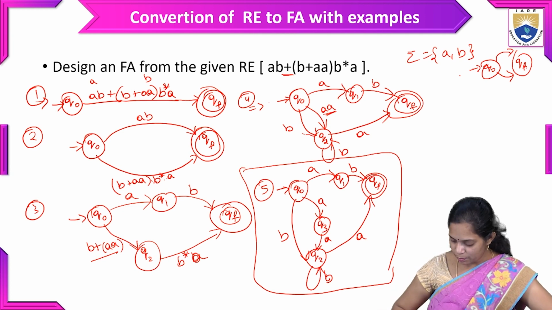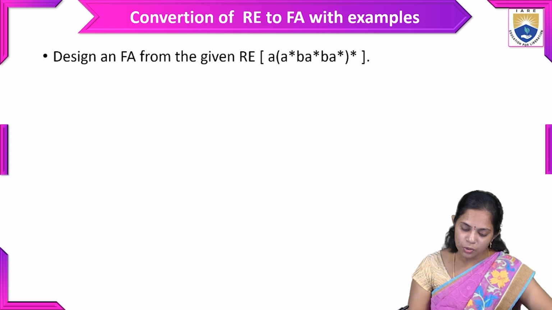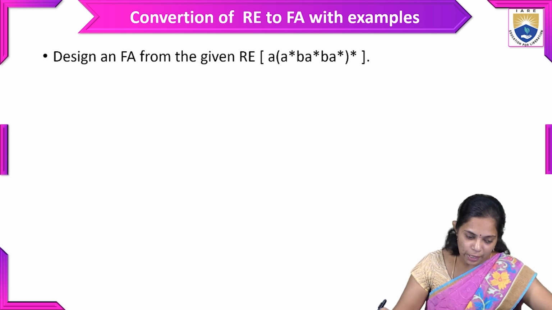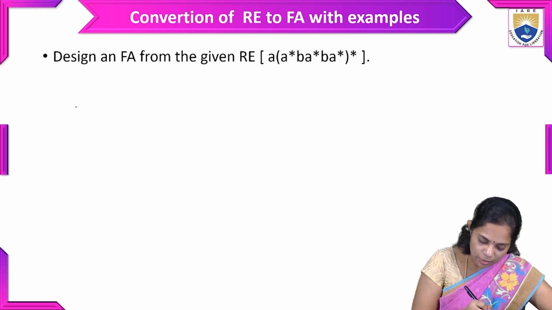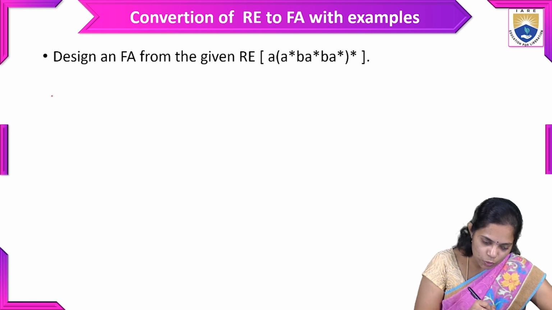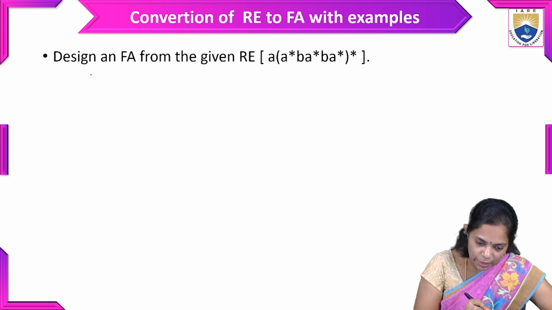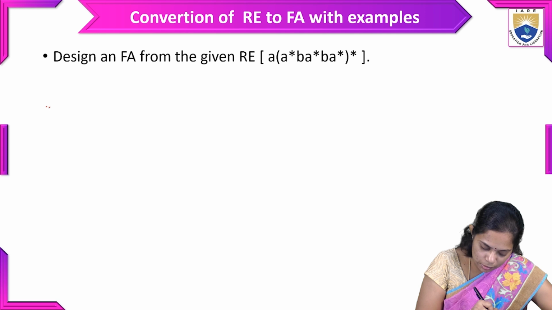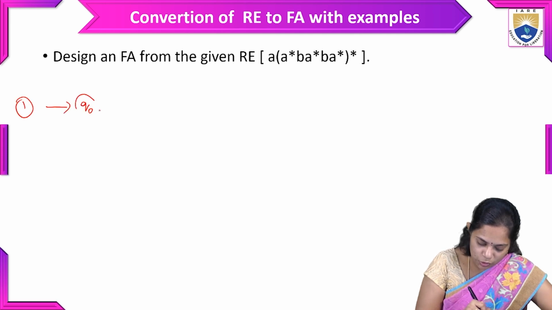And next example. So here we have taken the example A star B star. So how to solve this one, in the sense we have to solve this equation with the first step. What we have to do, Q naught we have to initiate. So Q naught initiation.